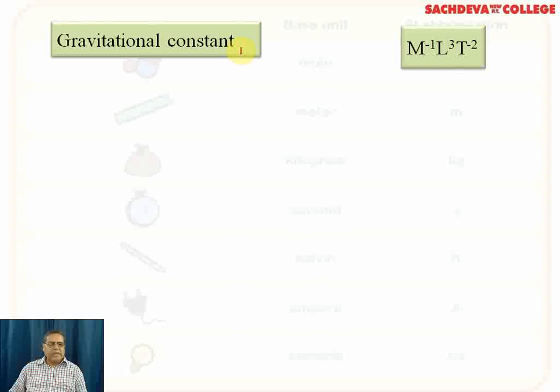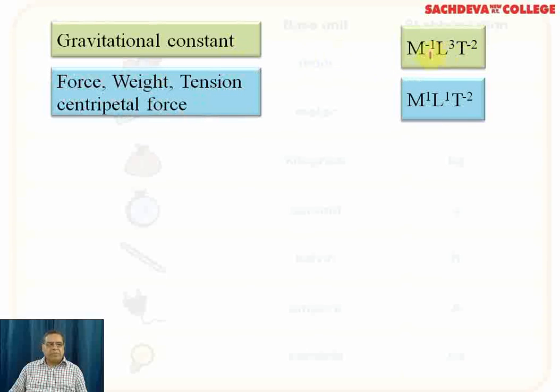From this, we make the gravitational constant the subject of the equation, and we put the dimensions. And our conclusion will be M to the power minus 1, L to the power 3, and T to the power minus 2.